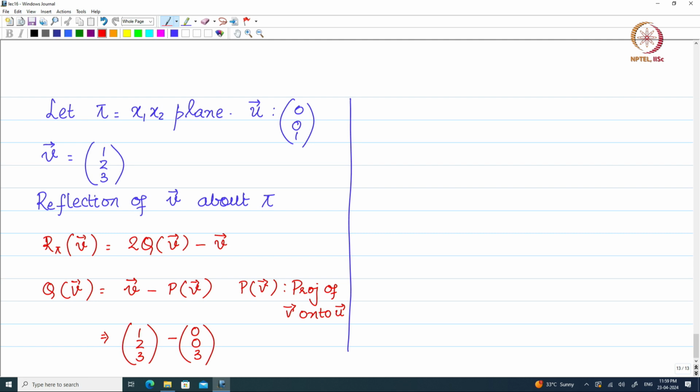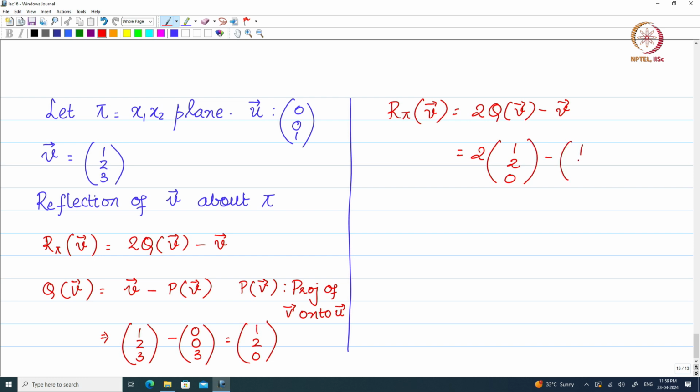So, we know that r pi of v is nothing but 2 times q of v minus v, which is 2 times, we see this is 1, 2 minus 0 is 2 and 3 minus 3 is 0, so this is going to be 1 2 0, minus the vector v, which is 1 2 3.